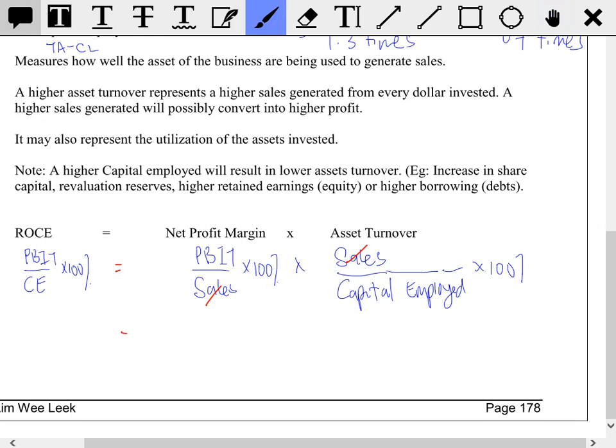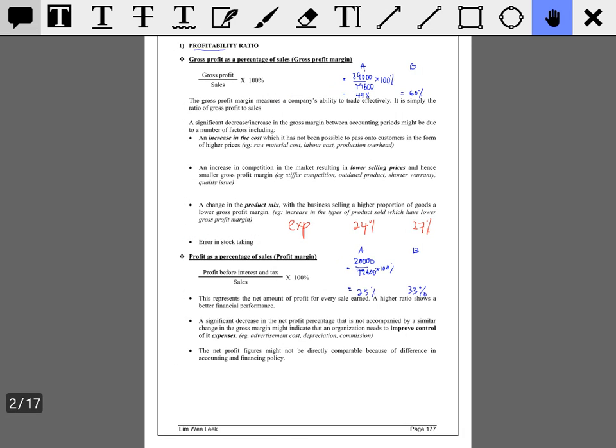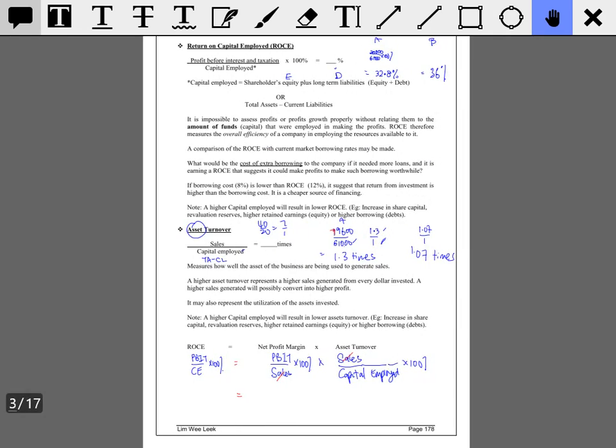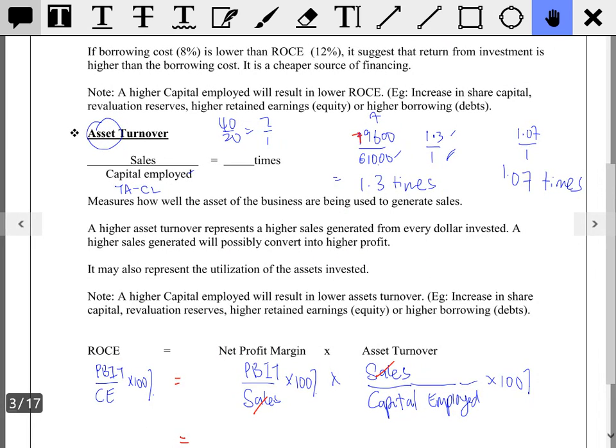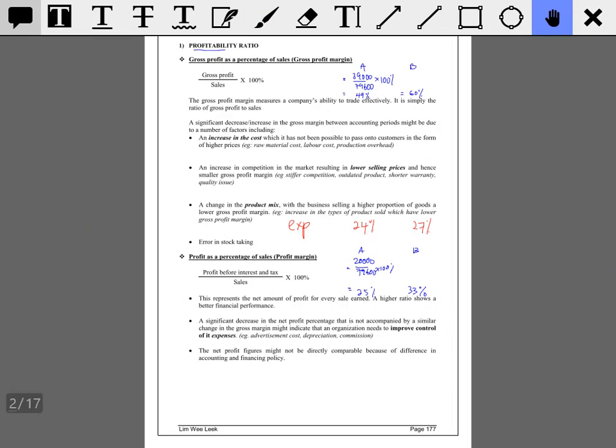So let's see how much is my PBIT for this question. Company A. What's my net profit margin? Company A? 25. PBIT is 25, right? Okay. Sorry, in terms of the value. No. Okay. What I want, sorry, is the net profit margin, not PBIT. The profit margin for company A. Yeah, 25.